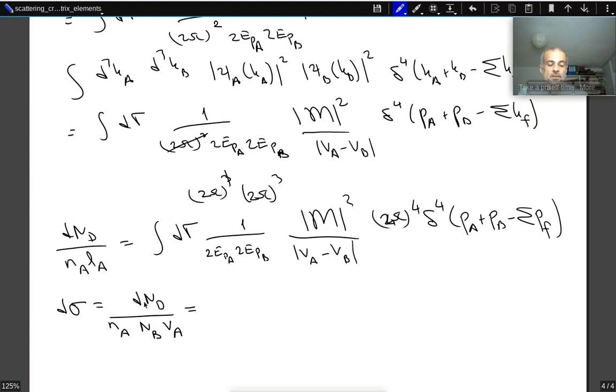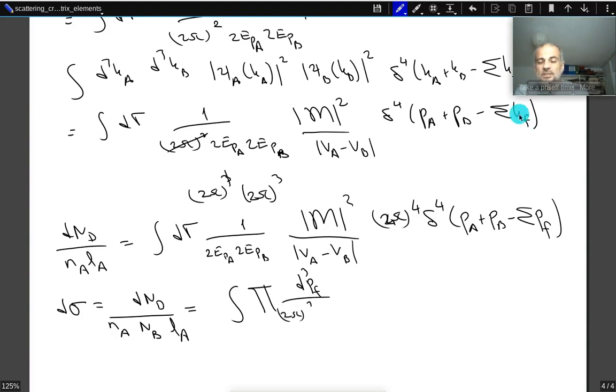And if Nd is not the number per second, but actually the total number, then this va is replaced by La. So in our case, we are just considering a single B particle, a single scattering center, so Nb is 1. So this scattering cross section is, let me write the final state phase space explicitly, d³pf divided by (2π)³.